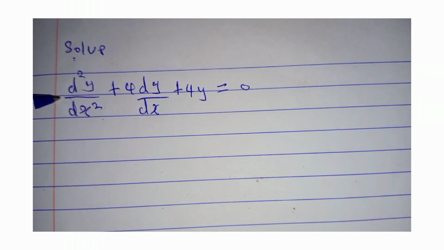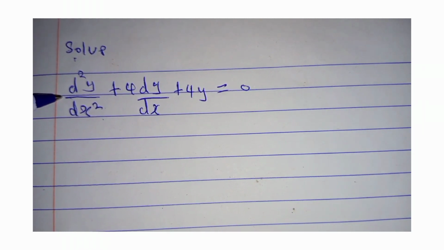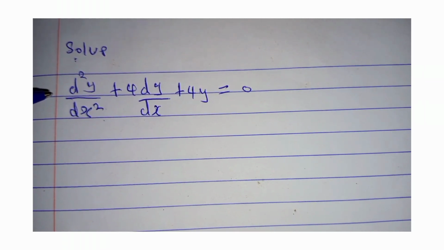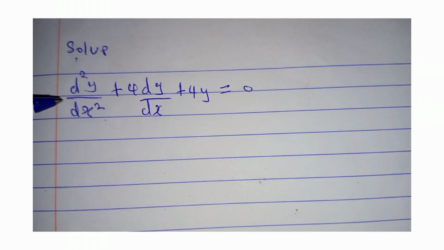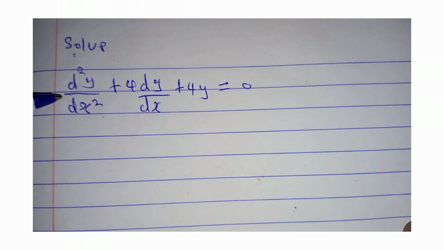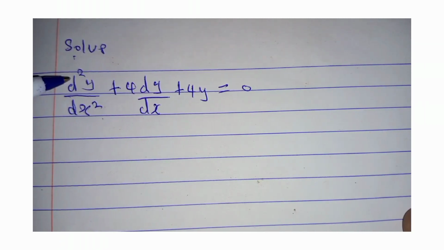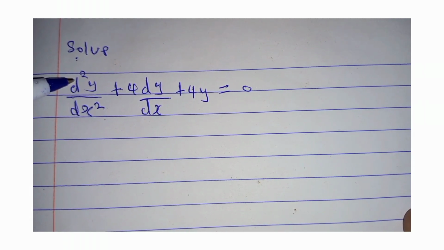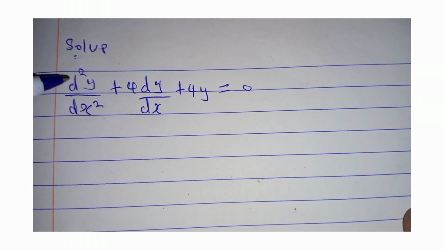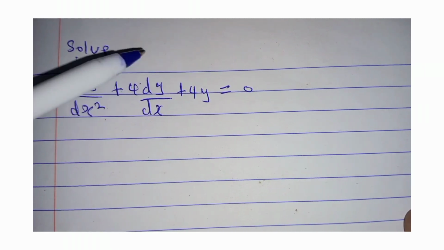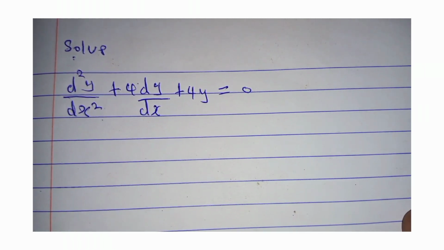We are looking at a subtopic called linear second order difference equation with constant coefficients. Mostly, this is done in third year of the university, and it is OD1, or ordinary difference equation 1. So here we are given the second derivative of y with respect to x plus 4 times the first derivative of y with respect to x plus 4y is equal to 0.